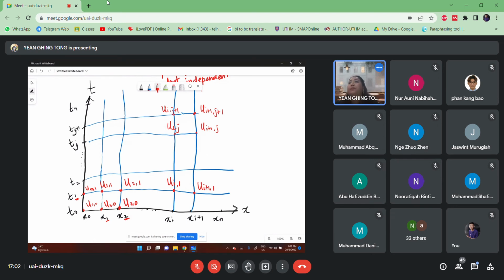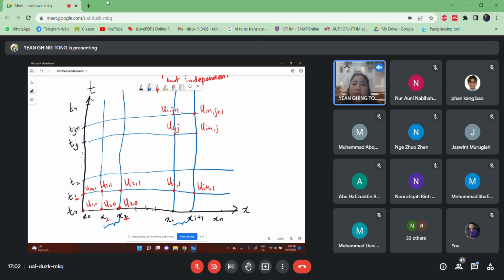Okay, can? So that means this is the coordinate. Not the coordinate, but the value of V with the name of it. One more thing. This is the step size. Let's say the step size here and step size here is the same. So every time it has the same step size.